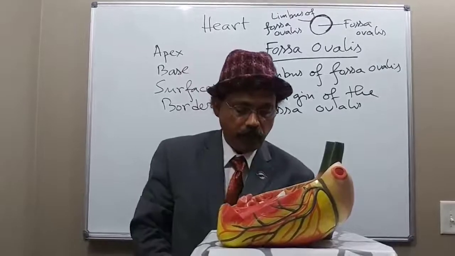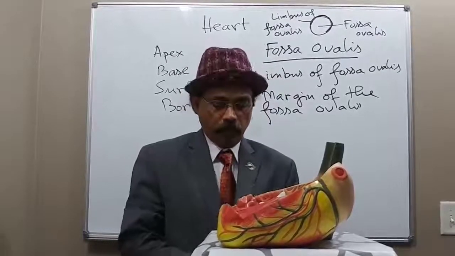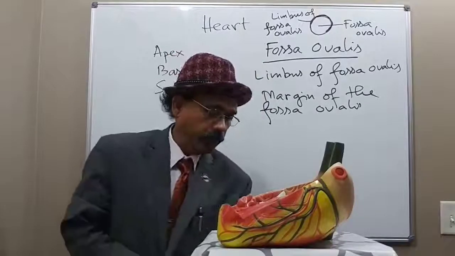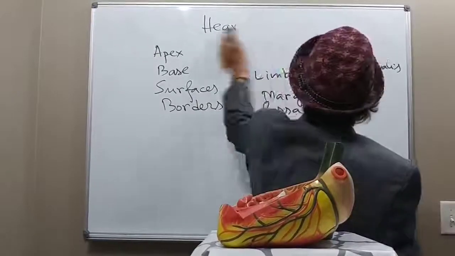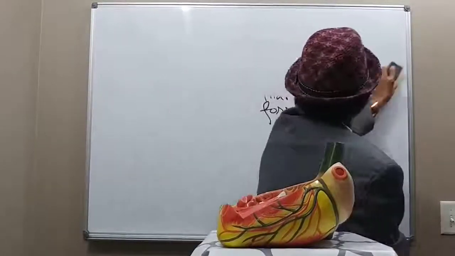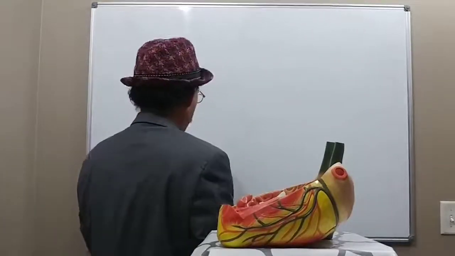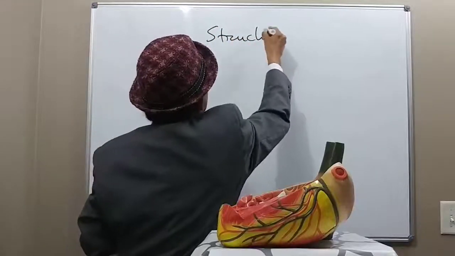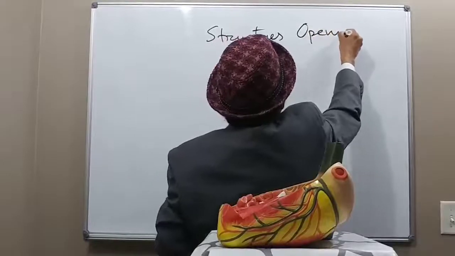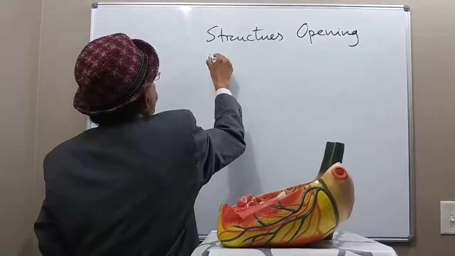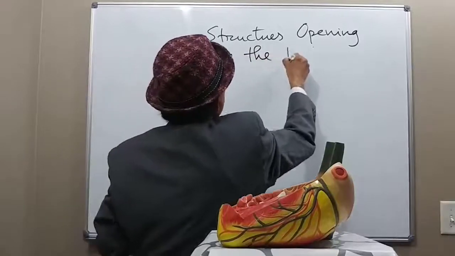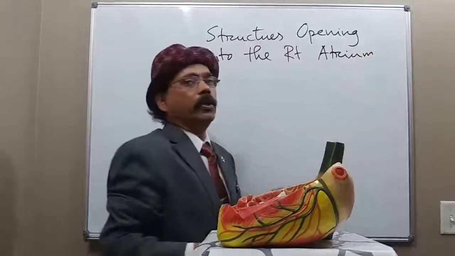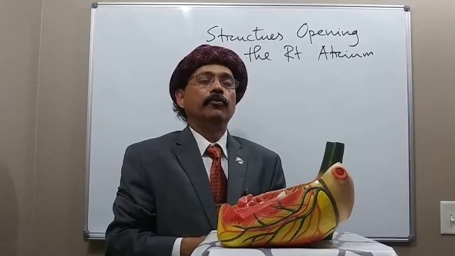In the right atrium, we have also an opening for the coronary sinus. So what structures open into the right atrium? We have the opening for the superior vena cava.